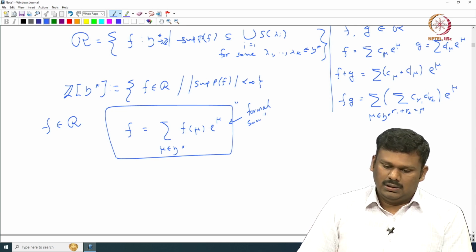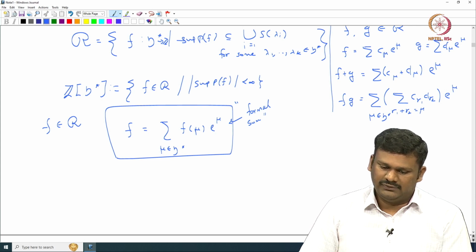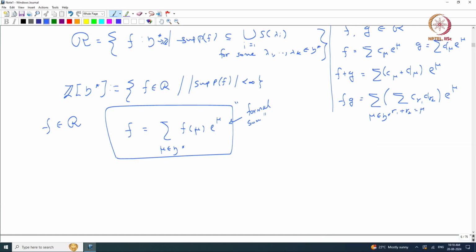So, now if the supports are finite, there is again a very nice way of reinterpreting things. Note that if the support of f is finite, say mu 1 etcetera mu r, then f is nothing but c mu 1 e power mu 1 plus etcetera plus c mu r e power mu r.